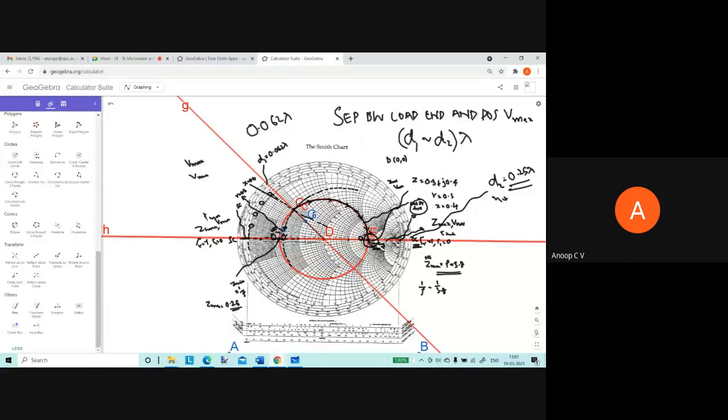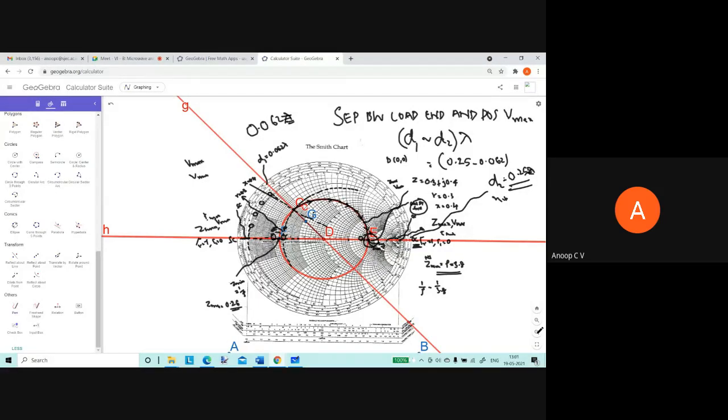This lambda is understood, it's not written; what is written is 0.062 and 0.25. So can anyone tell me what is the difference between 0.25 and 0.062?